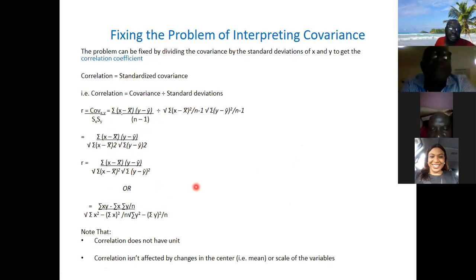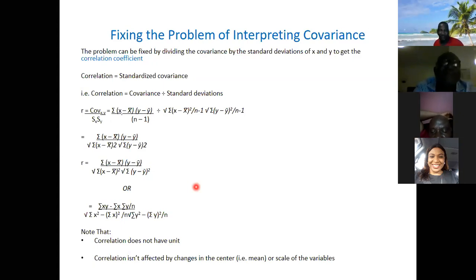You can see the numerator has X and Y, and the denominator has X and Y. So if you are talking of weight and height, kg and meter form part of the numerator, and kg and meter form part of the denominator, so it cancels out. It gives you a ratio. It gives you a dimensionless quantity.